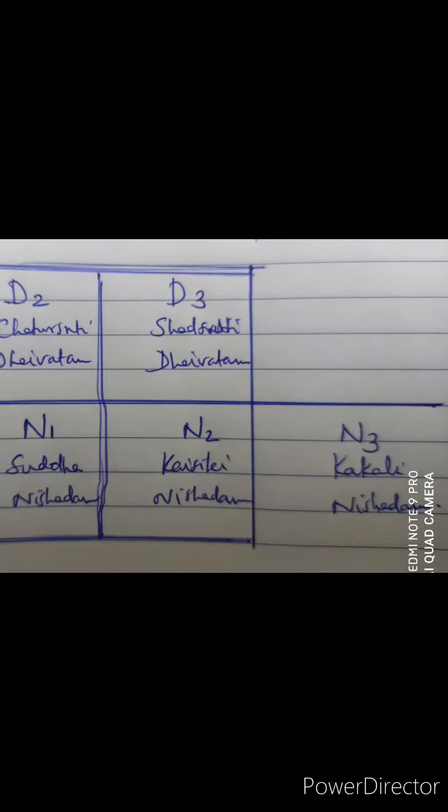So, remembering the story about Ri, what would it be? D3 will be one and the same as small ni or Kaishiki nishadam, shruti wise. We sing Kaishiki nishadam or small ni with our throat and we call it or spell it as dha. That is Shadshruti dhaivatam.